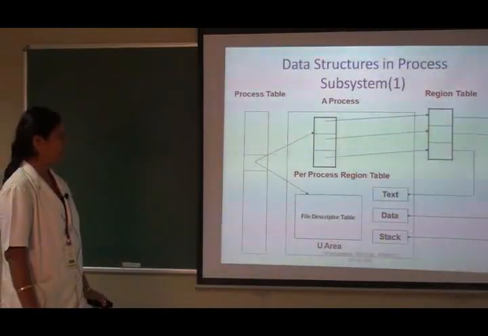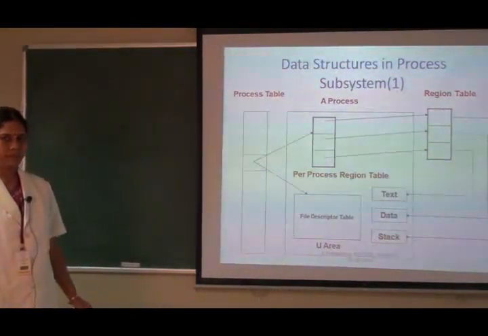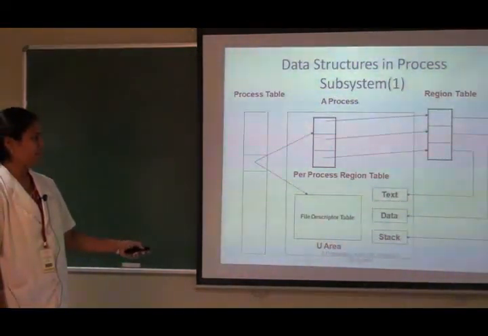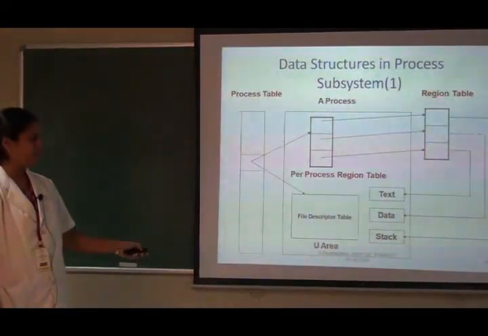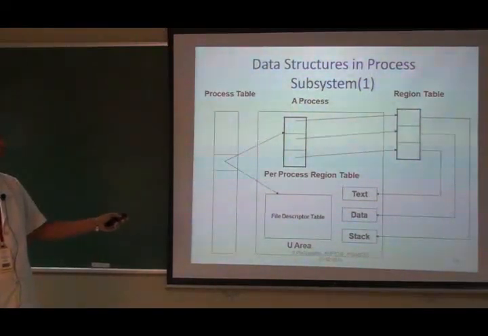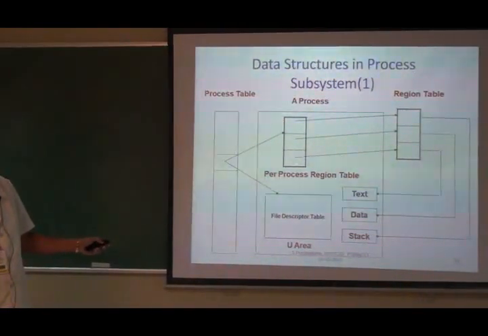The process table keeps track of an entry for a process. Every time a process is taken for execution, one entry is created in the process table. Then the U-area is an extension of the process table. And then the process table is pointing to the per process region table. This has 3 portions, one for text, one for data and one for stack.